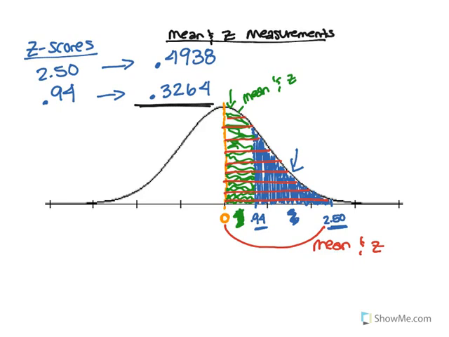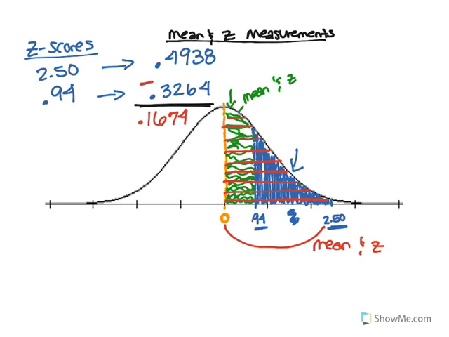Okay. And then I'm going to subtract the two measurements, okay? So 0.4938 minus 0.3264 would give me 0.1674.